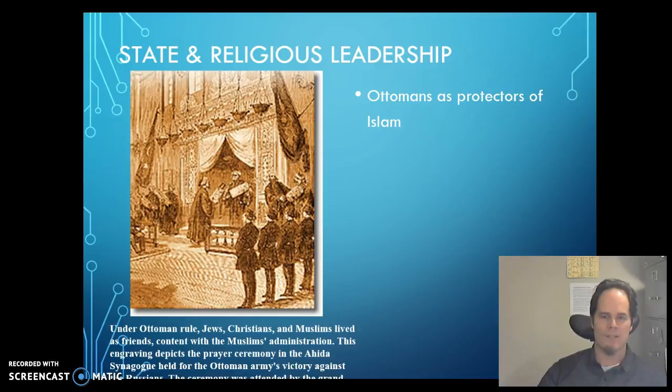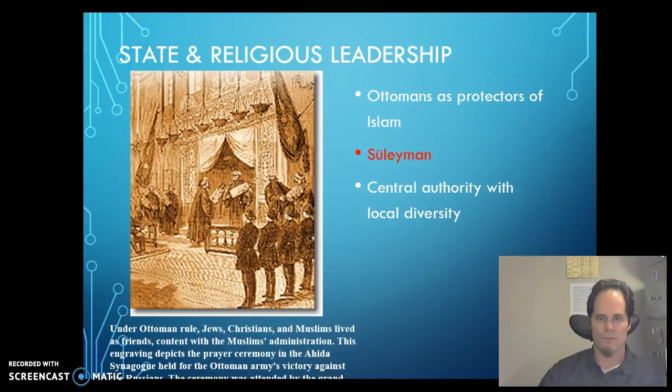So, as I mentioned in class, I believe briefly, the Ottomans were tasked with being protectors of the Islamic faith because they were the most important or the most powerful Islamic dynasty. Suleiman did this quite well, and we know that he tried to keep all the pathways to Mecca available to all members of the global Islamic faith.